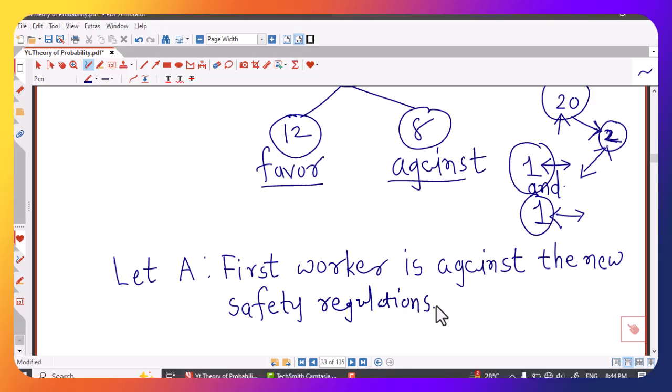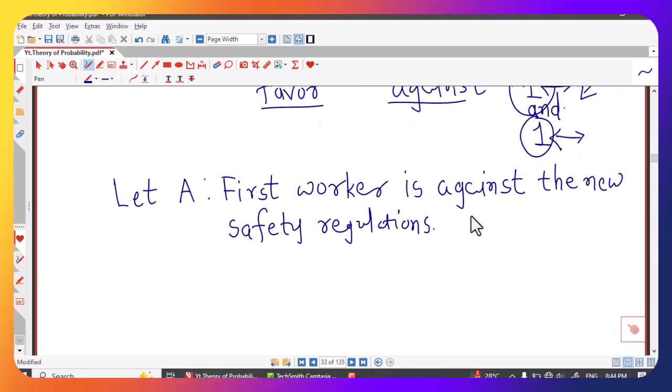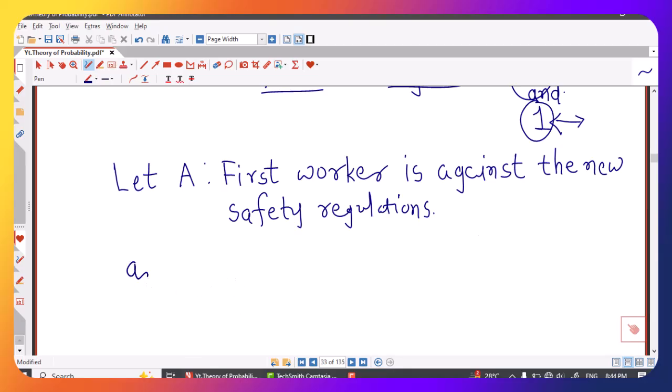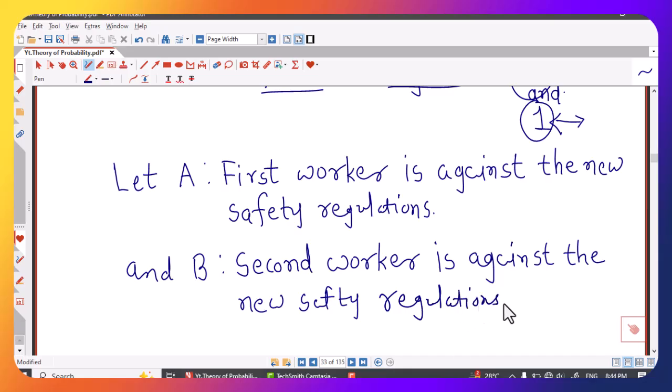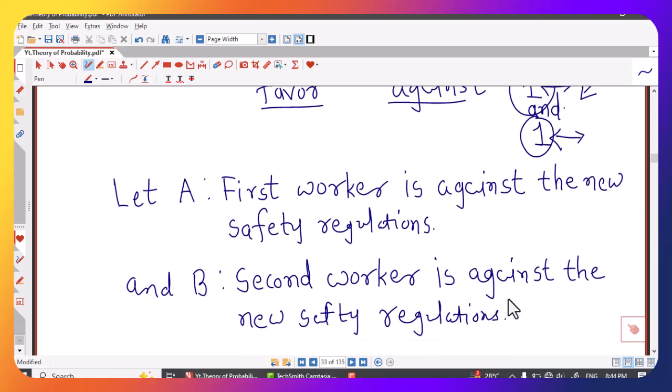I denote the second event by B, for the second worker: the second worker is also against the new safety regulations. I define A and B in this way.